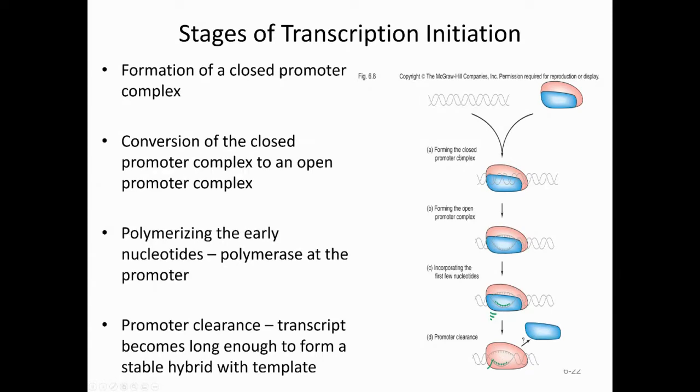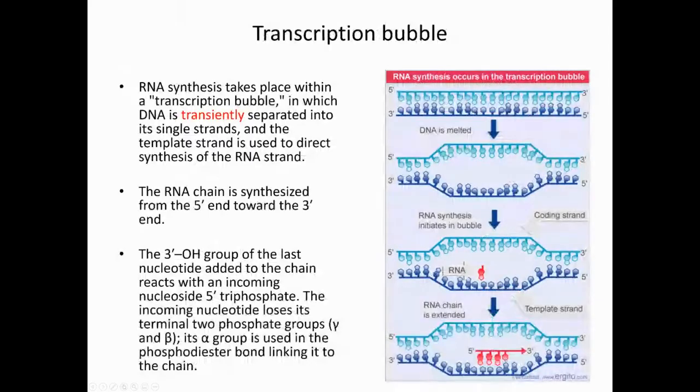So from the closed promoter complex, open promoter complex, synthesis, to clearance, these are the 4 steps of initiation. And once it enters into clearance, it then enters the elongation.